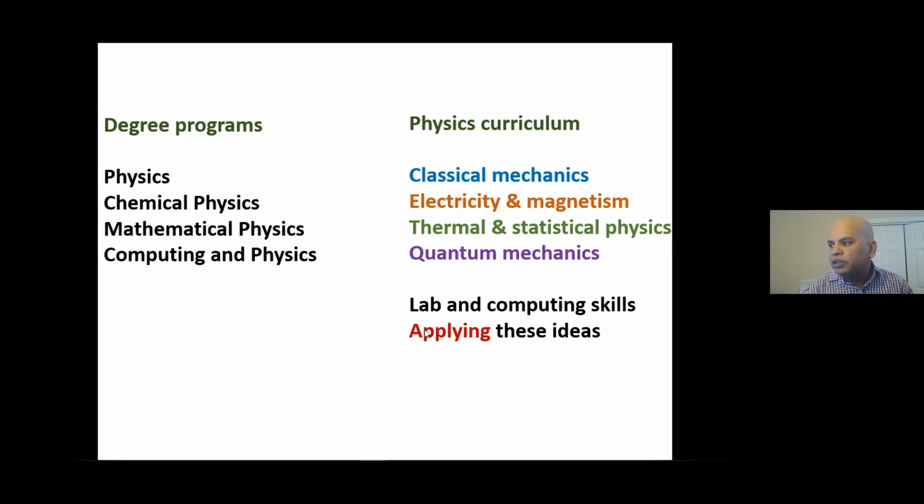In addition to this, we have lab and computing skills, which is in great demand for these four courses. So you will get to know very important aspects of computation as well as hands-on experience with the labs. So this is the pathway towards the degree program.